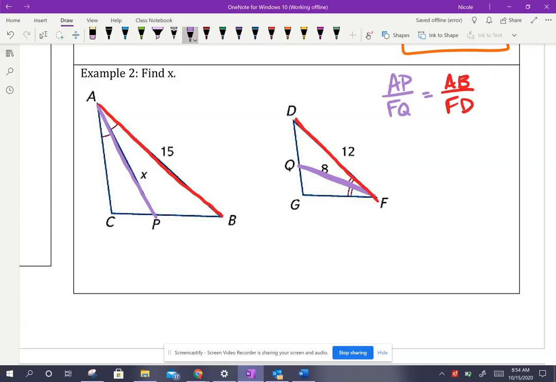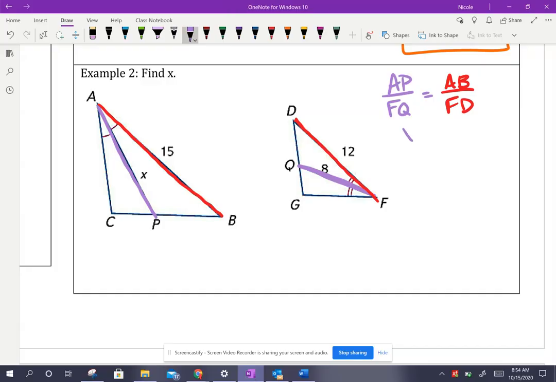So we plug in our pieces of information.